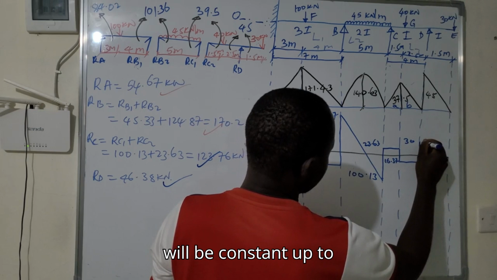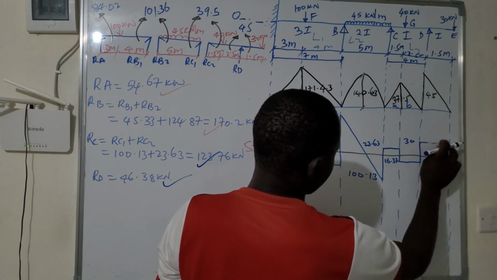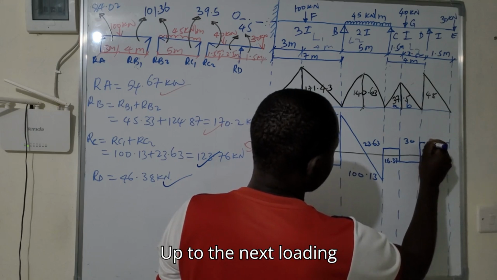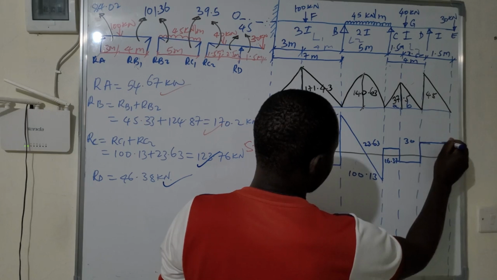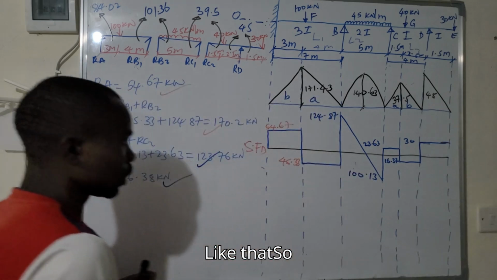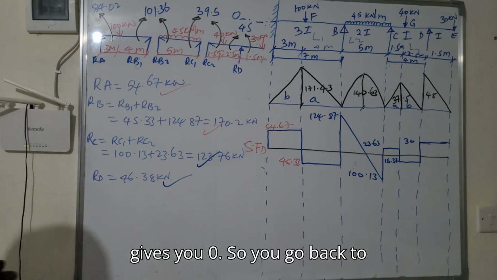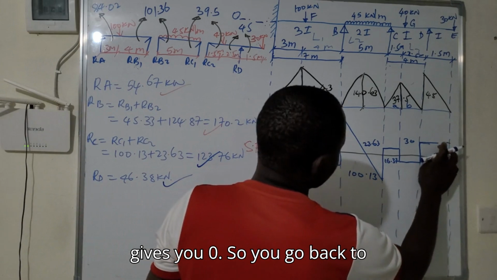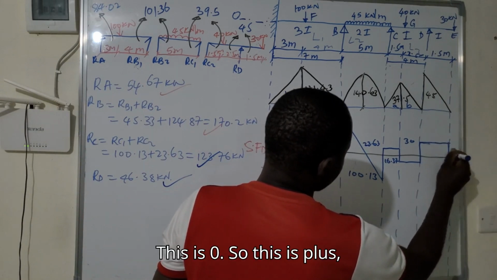It will be constant up to the next loading, like that. So minus 30, it gives you 0. So you go back to 0. This is 0.